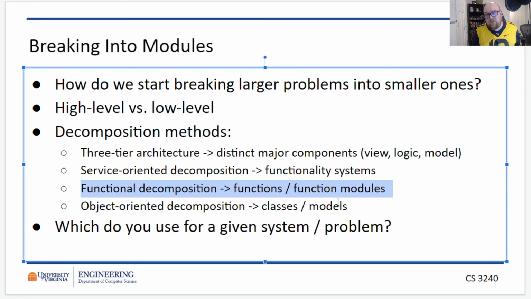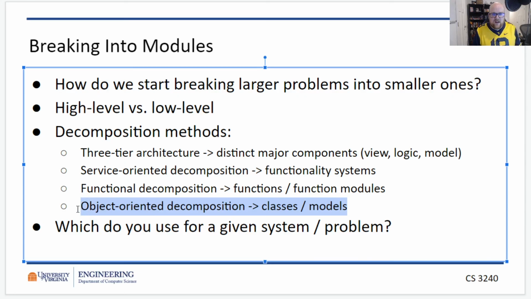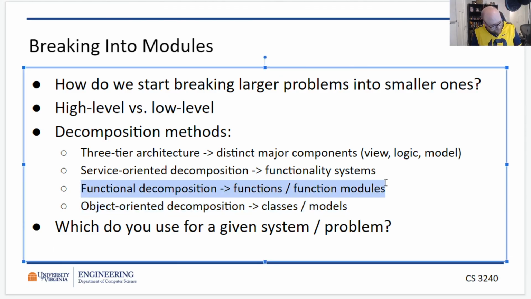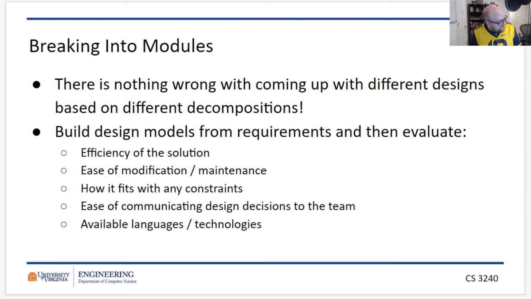And then after that, we're going to look at a process and decide how to break it down into classes or models that emulate how we want to model the problem. So that's going to be next time: first functional, and then after that, object-oriented.